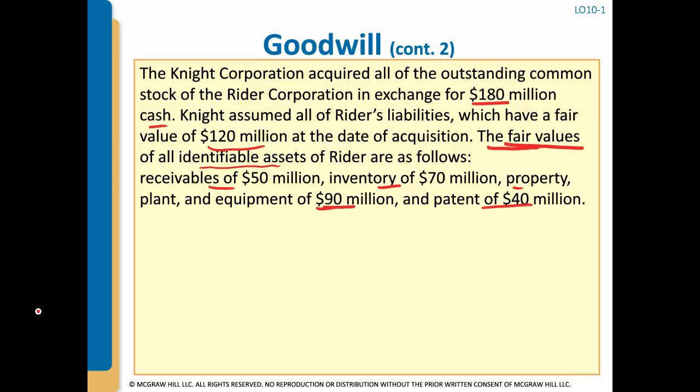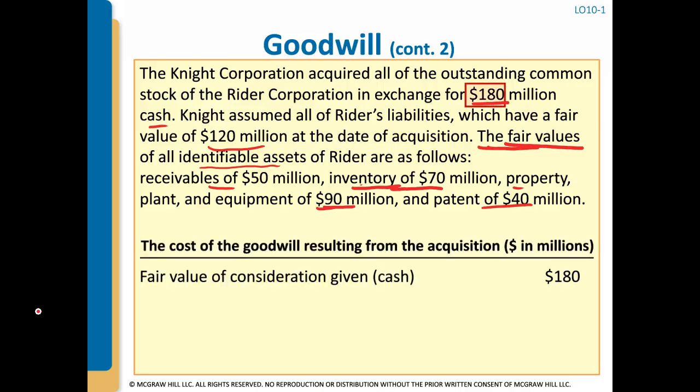So on their books it's $150 million, but their fair value is far less. Or it could be flipped. You can have inventory that cost you very little money, but the demand for it has gone up, which drives the selling price of that inventory up, which determines your fair value. So again, it's not just what's on your books, it's the fair value.